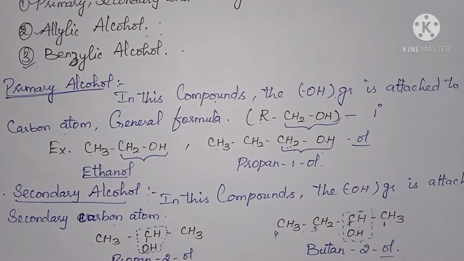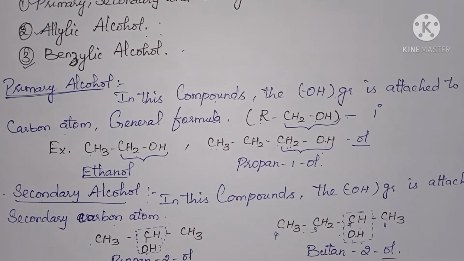So whenever you are going for the IUPAC name, the first thing you have to find is the place where the functional group is. The second thing is the number of carbons. The third is how to correlate with the proper way of writing the IUPAC name.